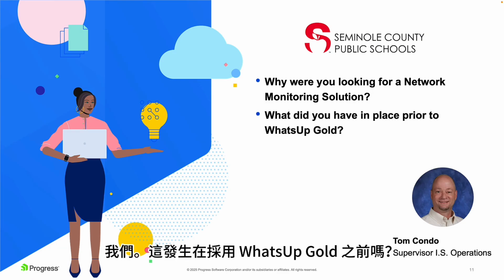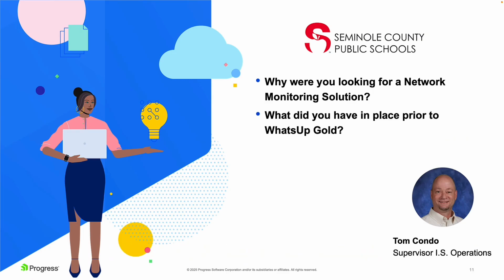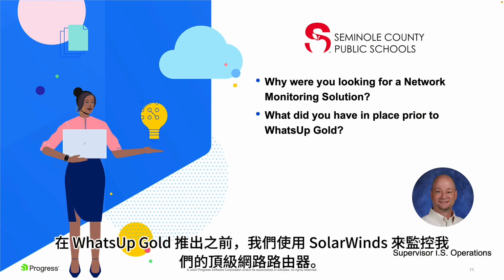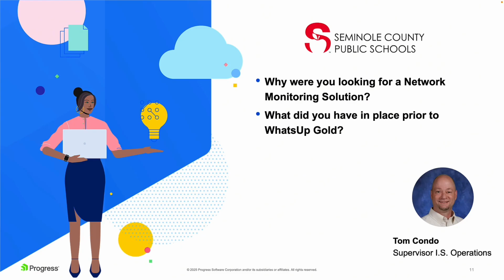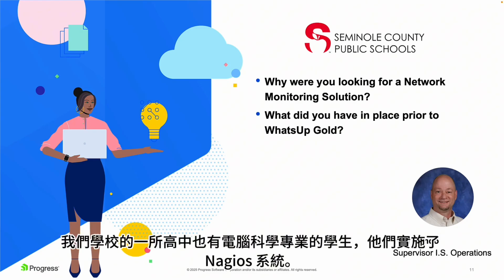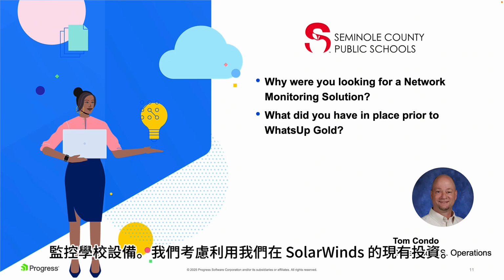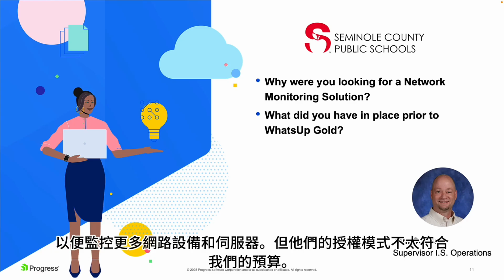Okay, yeah. Did you have anything in place prior to adopting WhatsUp Gold? Yeah, prior to WhatsUp Gold, we had SolarWinds for monitoring our top tier network routers. We also had computer science students at one of our high schools that had implemented Nagios for monitoring of their school equipment. And, we looked at leveraging our existing investment in SolarWinds to monitor more network devices and servers, but their licensing model didn't quite fit our budget.